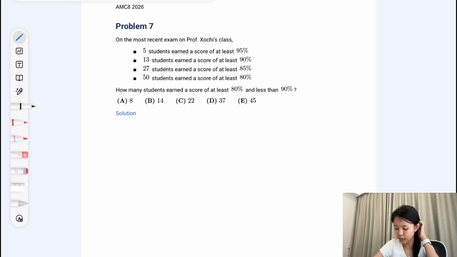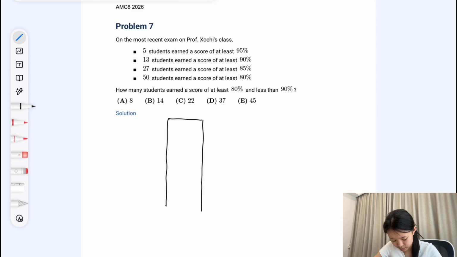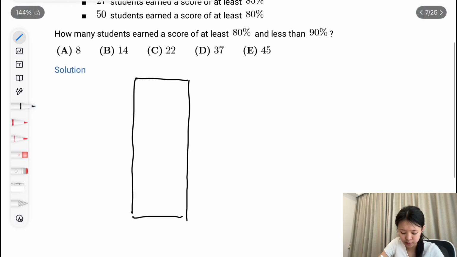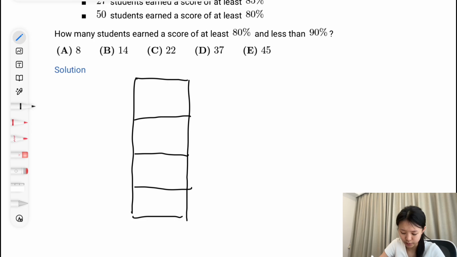What this means is that if we drew this out in a tower kind of way, we can split it up based on the different ranges given to us, where this would be 80, this would be 85, 90, and then 95.